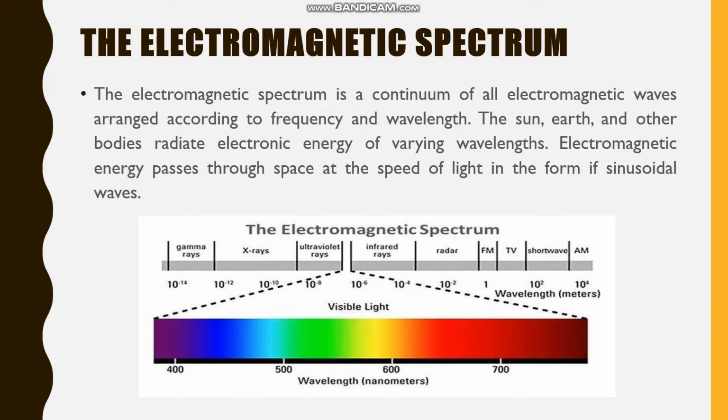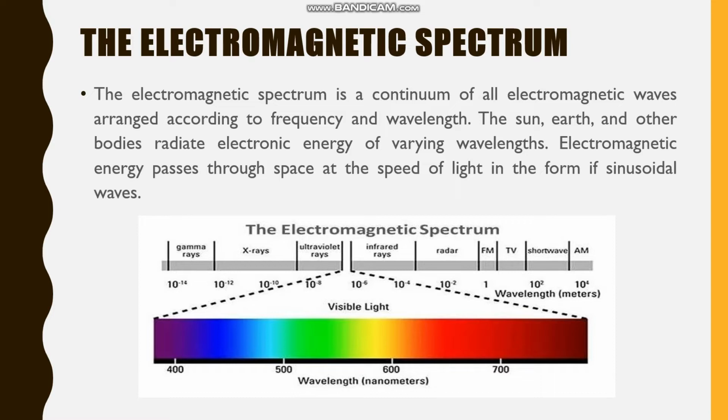Si electromagnetic spectrum po is yung kabuuan ng pinagsama-sama nating electromagnetic waves that is arranged according to the frequency and yung wavelength nila. Kasi meron po tayong division or meron po tayong iba't ibang klase ng electromagnetic waves na sila po is arranged nga and sila po ay magkakaiba.